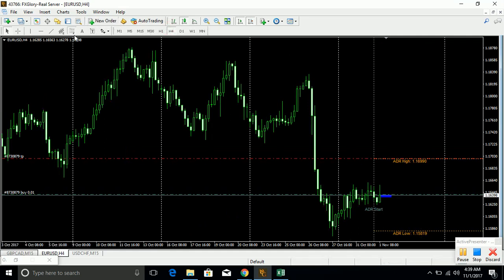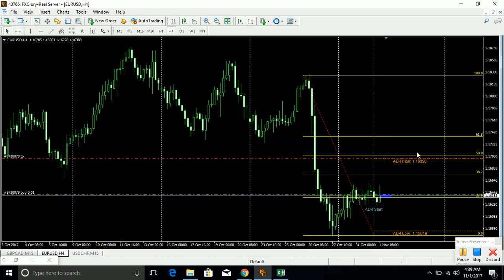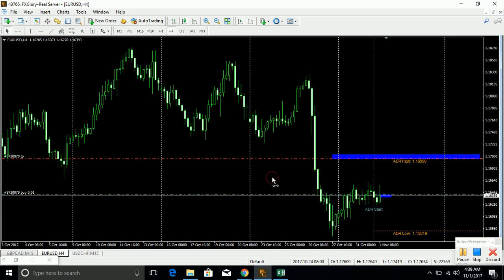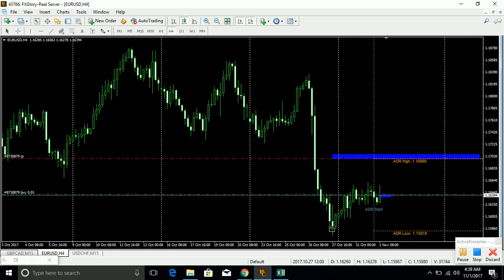If I pull out my Fibonacci, I can go from this previous high to this low and get a high approximately right in here at the 61.8 or the 50. What I like to do is I use the Fibonacci to find those levels, and then I get that all out of the way. I already know that this would be 100%.